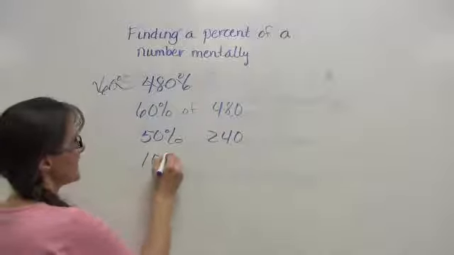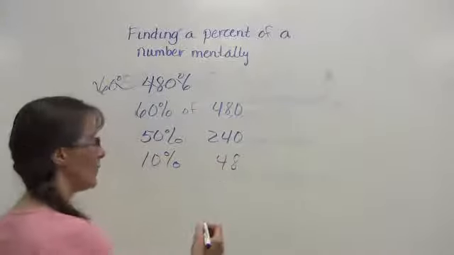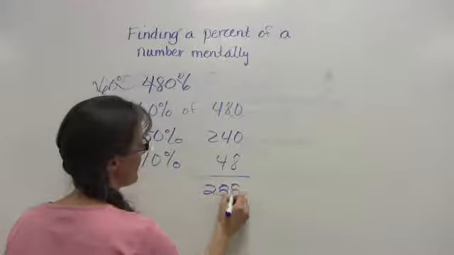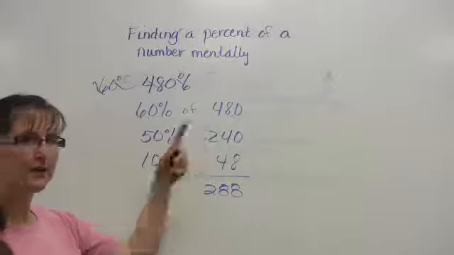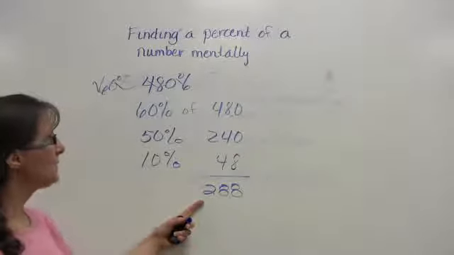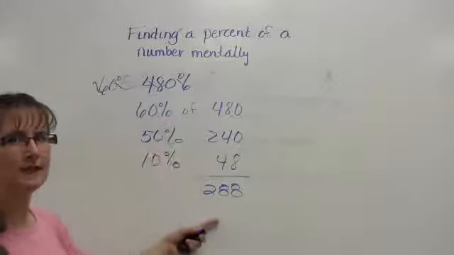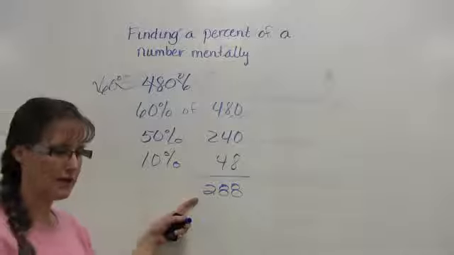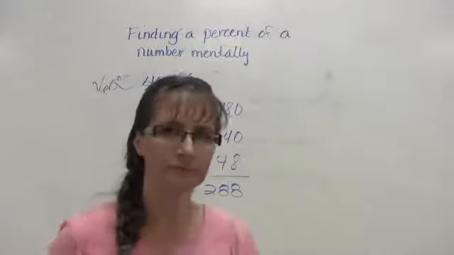That means 10% is another 48. Well, when I add these two together, I get 288. I'm telling you that 60% of 480 is 288. And this is accurate because 50% was 240, which means 60% had to be more than 240. I'm at 288.